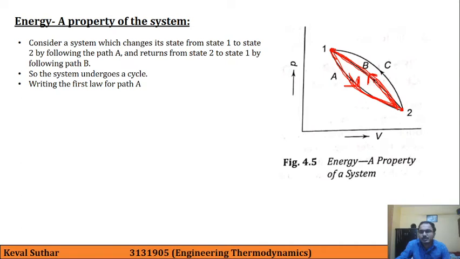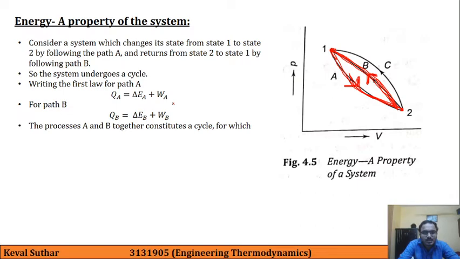Here we are completing a cycle with two processes, process A and process B, or path A and path B. Writing the first law of thermodynamics for path A: QA is equal to delta EA plus WA. Similarly, for path B: QB is equal to delta EB plus WB.